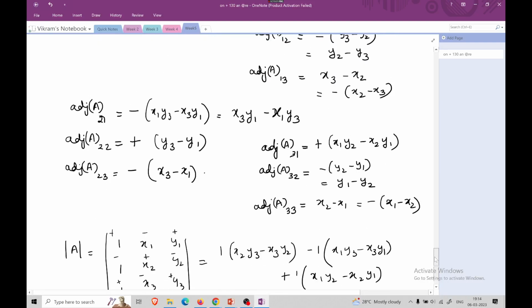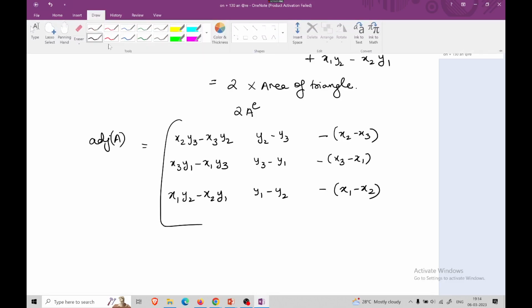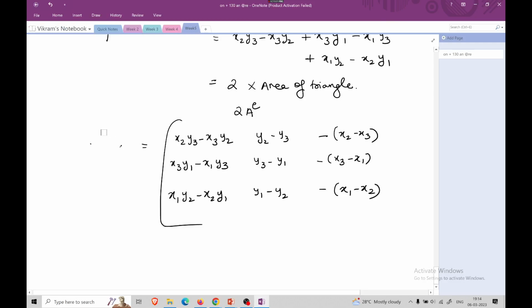Yes, minus of x2 minus x3, minus of x3 minus x1, minus of x1 minus x2. So this was the adjoint. Now we are going to replace this by A inverse is equal to this adjoint by determinant. So this is my inverse.